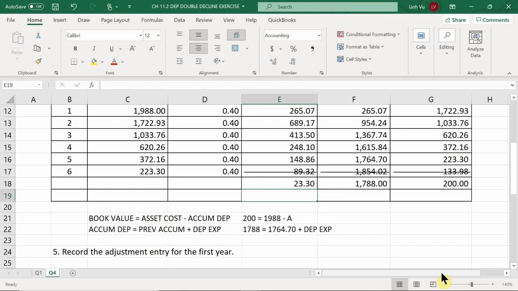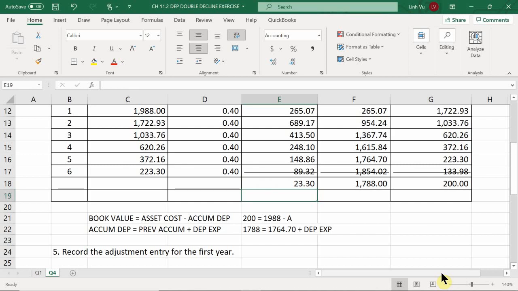23.30. And that's the number you need to use to override this to make sure that at the end of the day, your total book value ends up being salvage value. Okay? Now, that's one way of doing it, solving it backwards. But there is also another shortcut.